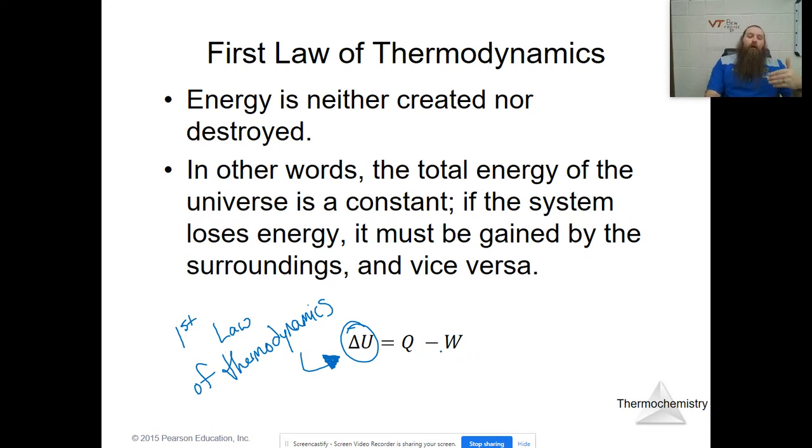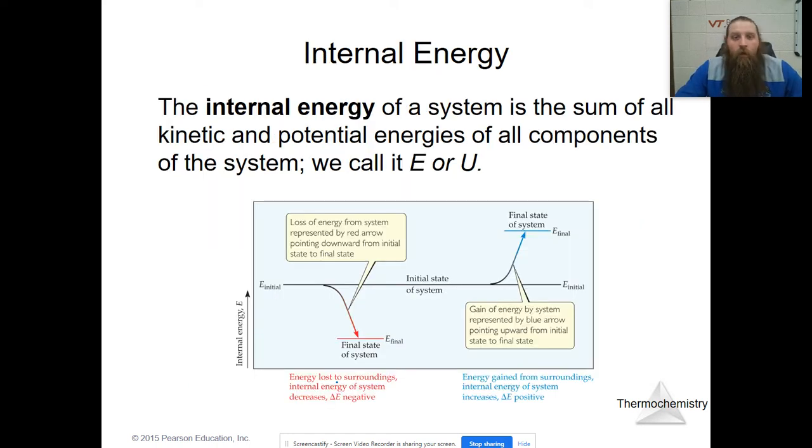It has to be work done by the system on the surroundings, not work done by the surroundings on the system. The sign will change based on who is doing the work, all right? So in this case, we're looking at the work done by the system that we're studying. Now, internal energy is the sum of all the kinetic and potential energies.